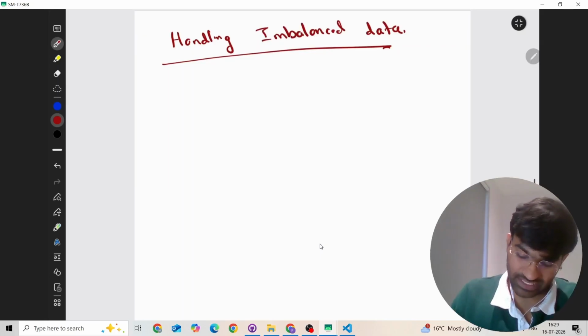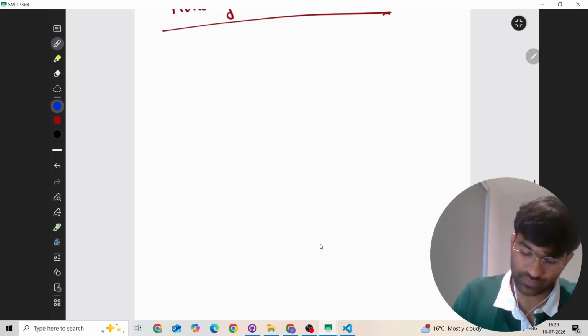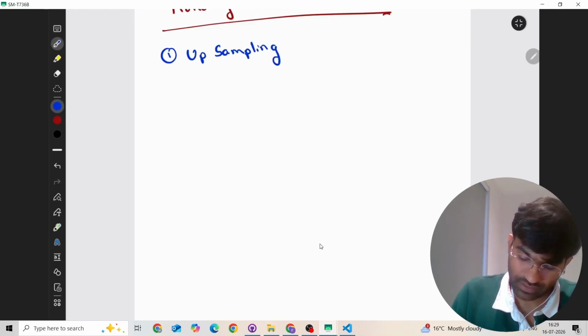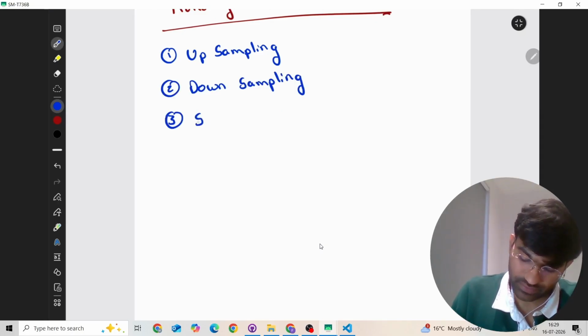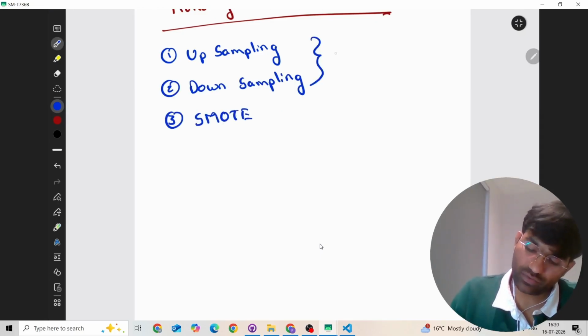There are three ways. One is upsampling. Second is downsampling. And third one is SMOTE. The first two are resampling techniques.